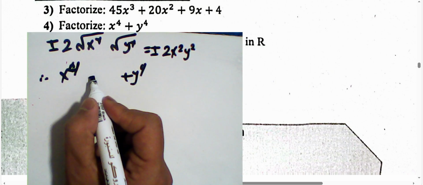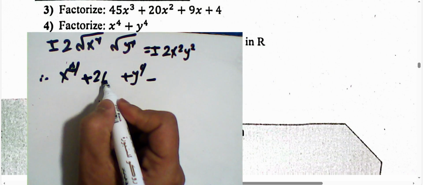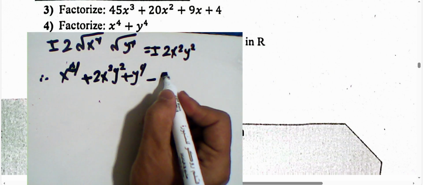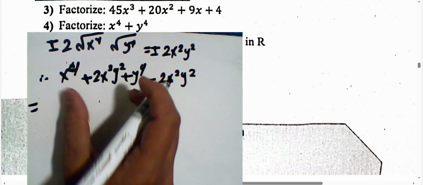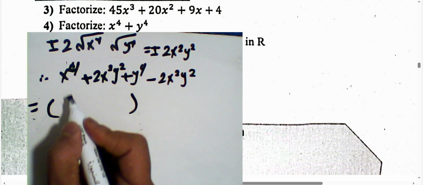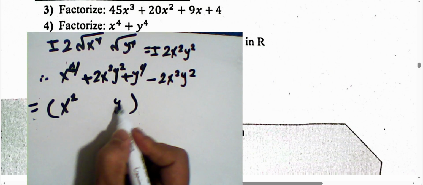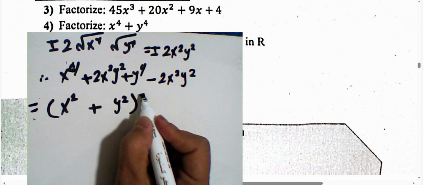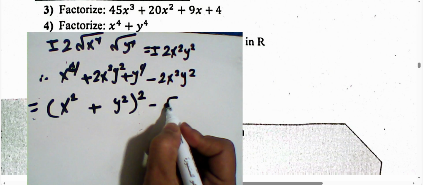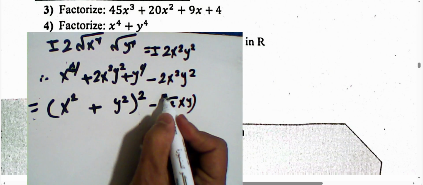We must put here positive and negative 2x^2y^2. You can convert this expression to a perfect square because you can write the square root of the first and the third and write the sign of the middle, and the power 2, subtract the square of root 2 times xy.